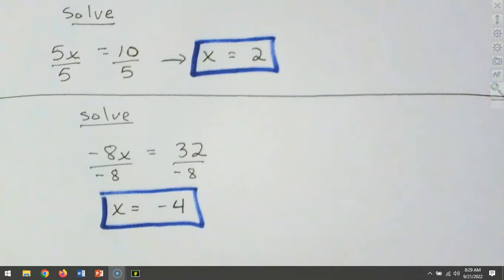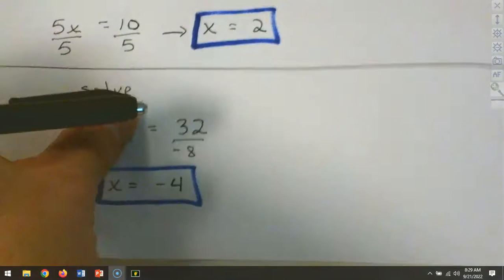Sometimes you may have to combine like terms together and then divide out. So let's look at one of these where we have to do a lot of combining things together. Question 70, and this is on page 117. Question 70.